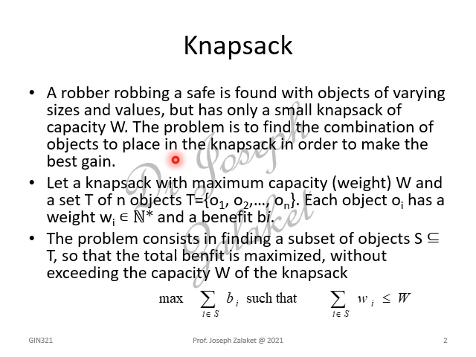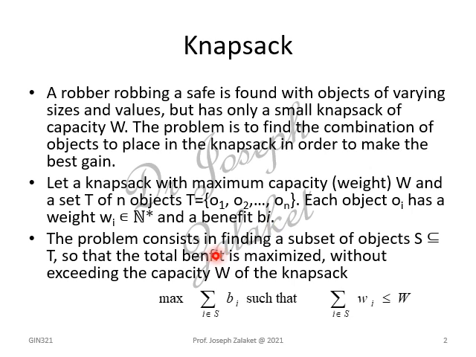So let me now try to model our problem. Let a knapsack with maximum capacity or weight W, and a set T of n objects, T equal O1, O2, ..., On. Each object Oi has a weight wi, which is a positive integer, and has a benefit equal to bi.